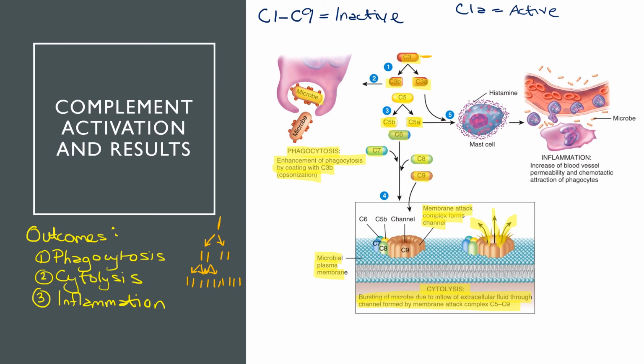Now our last outcome that complement can bring about is inflammation. So if we go up a little bit more here, we have C3a and C5a, which will bind to mast cells and cause them to release histamine that increases blood vessel permeability during inflammation.